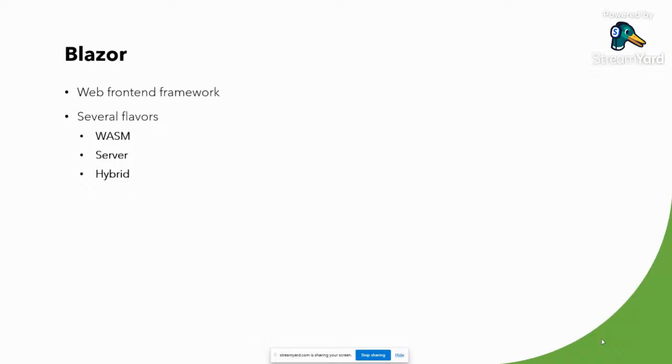Blazor is a new web front-end framework from Microsoft. And it's been around for 5, 6 years, something like that. It's their competitor for Angular, React, all that jazz. The best thing about Blazor, there is absolutely no JavaScript. That is, you can interop with JavaScript.